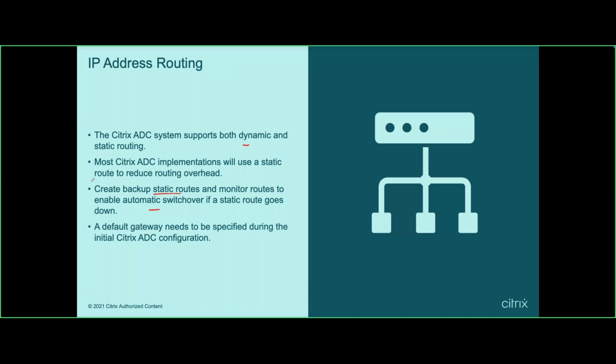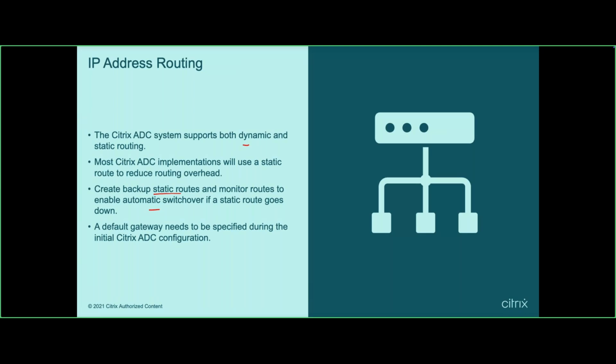The dynamic routing protocols it can have are RIP version 2, OSPF version 2, and BGP. It can also have RIPng and OSPF version 3 for IPv6.